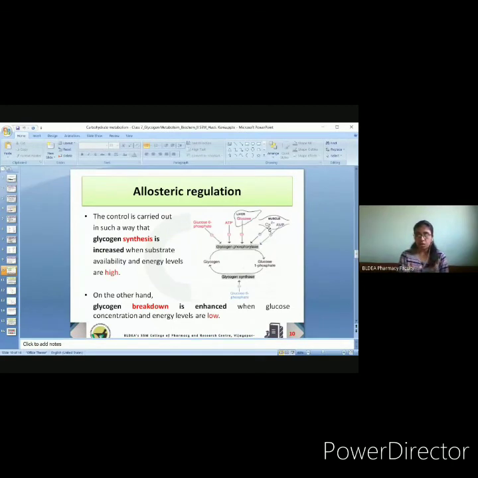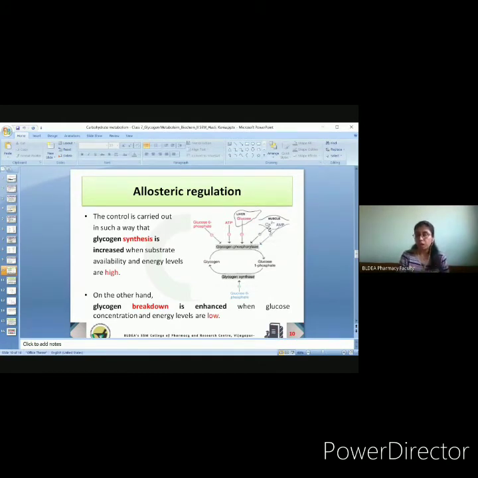Under such conditions, glucose acts as a substrate and will be converted into glycogen. So this helps in synthesis of glycogen.